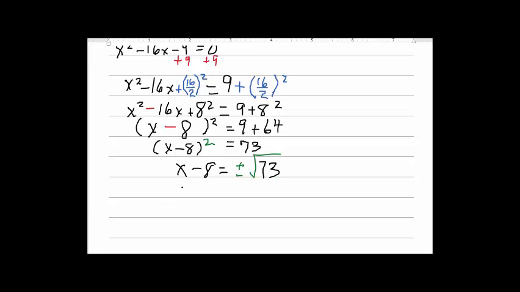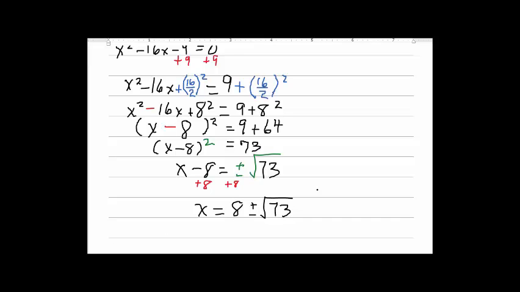And I can add an 8 to both sides to isolate the x. And I now have x equals 8 plus or minus the square root of 73.